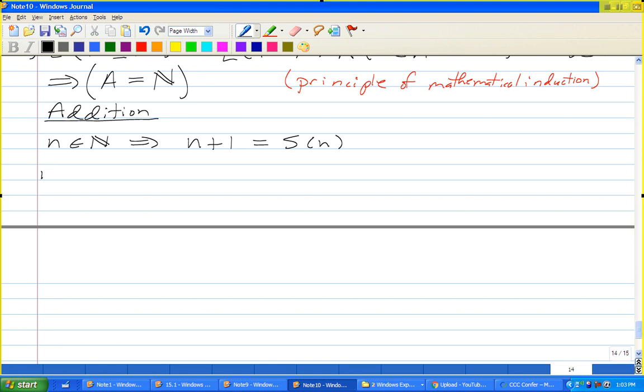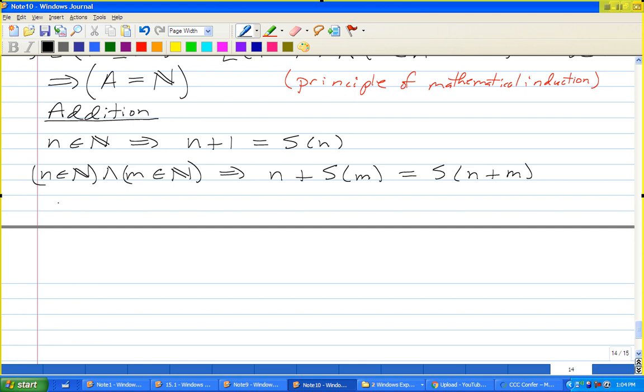Next, if I have some natural number n and some natural number m, then I'll define n plus the successor of m as being the successor of n plus m.